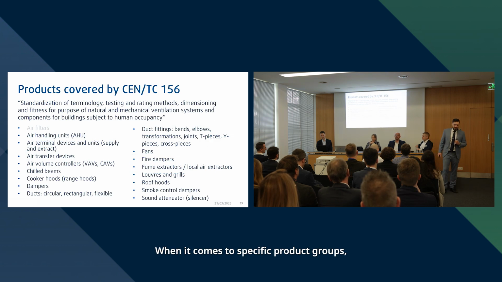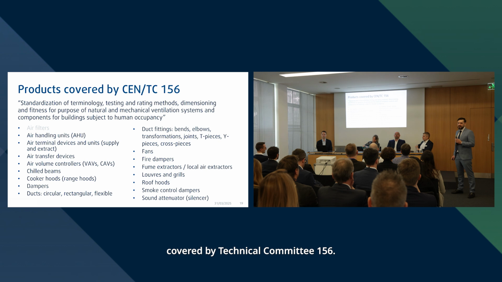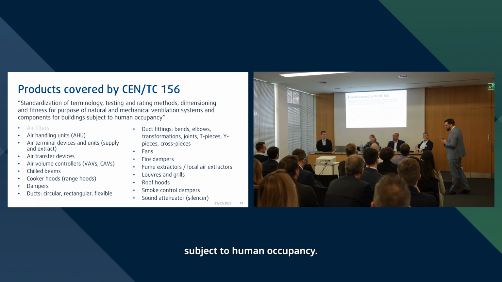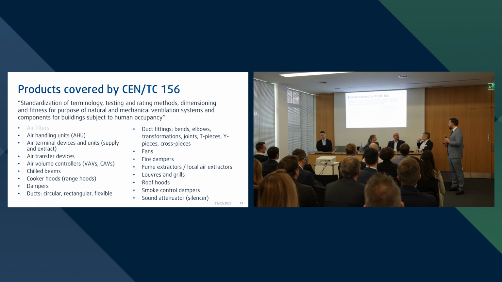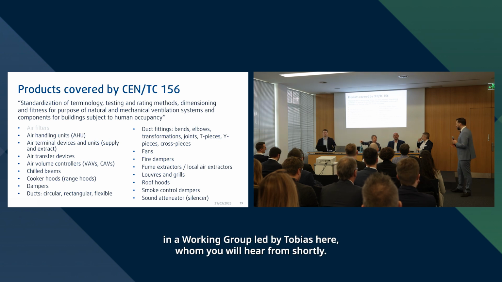When it comes to specific product groups, this standard would be applied to all products covered by Technical Committee 156. In essence, ventilation systems and components for buildings subject to human occupancy. A notable exception is air filters, which are being dealt with in TC 195 in a working group led by Tobias here, which you will hear from shortly.